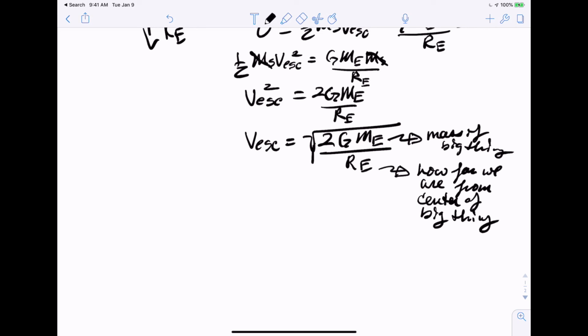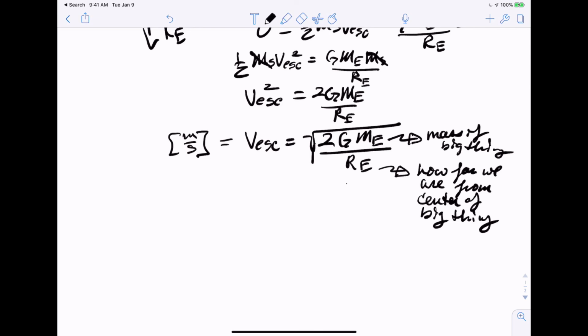And the big G right there is the same big G that we use for the universal law of gravitation, assuming we're using kilograms, meters, and seconds. That's 6.67 times 10 to the negative 11th units. I don't remember the units off the top of my head. And that would make the mass in kilograms and the radius in meters. So be careful with that. And if you finish with all that, then units over here better be meters per second, assuming you use meters, kilograms, and seconds for everything on the right-hand side.